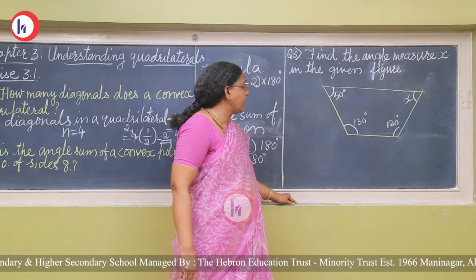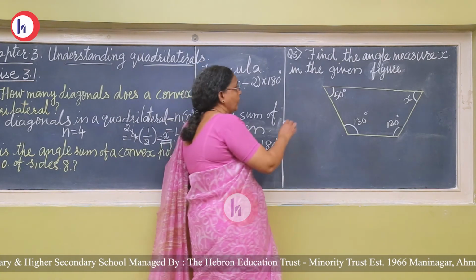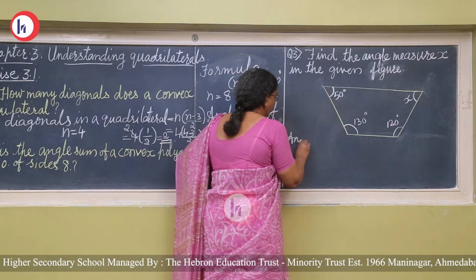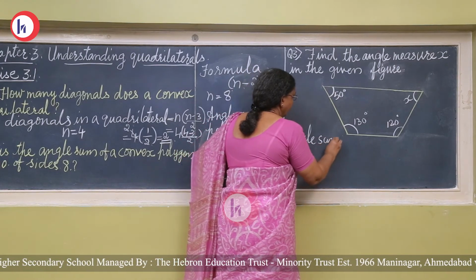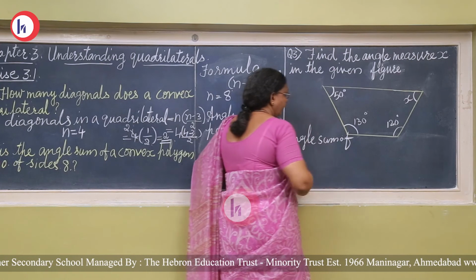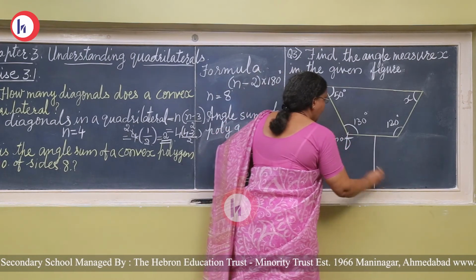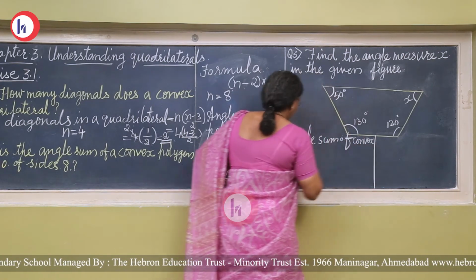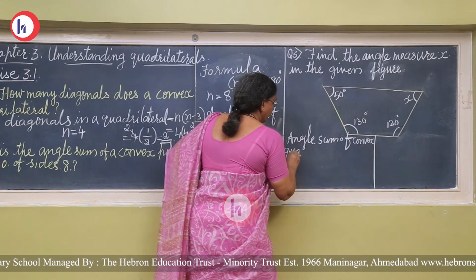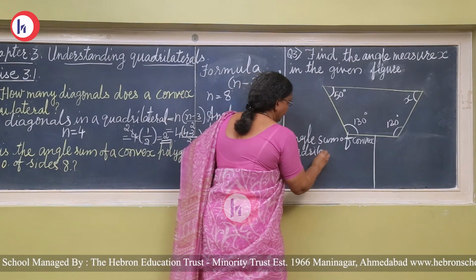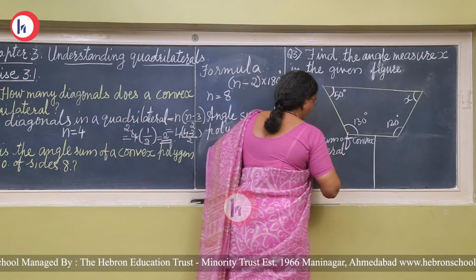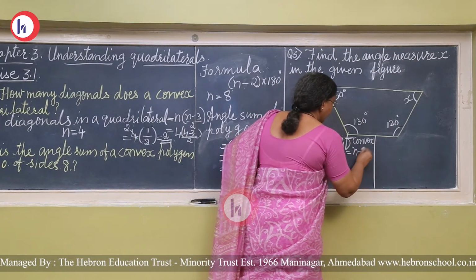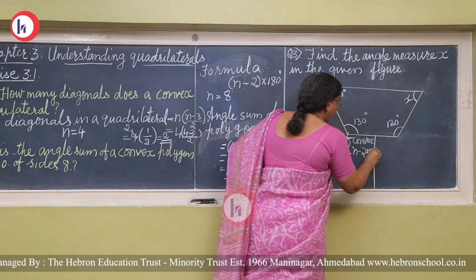So first we should know that it is a quadrilateral. So first we write the angle sum of a convex quadrilateral is equal to, the formula we can write, n minus 2 into 180 degree.